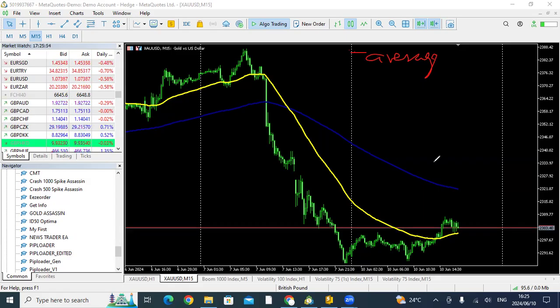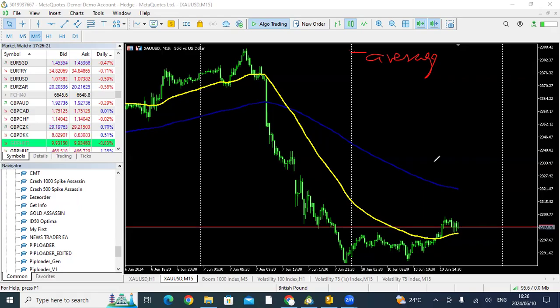So if you are plotting on a daily time frame, the 7-day moving average, that's a weekly moving average. So what you're doing is you're checking the price points of the week and then plotting the average of those 7-day prices. Now, it could be the open price, it could be the close price, it could be the highest or the lowest. It just depends on what you want as an individual.